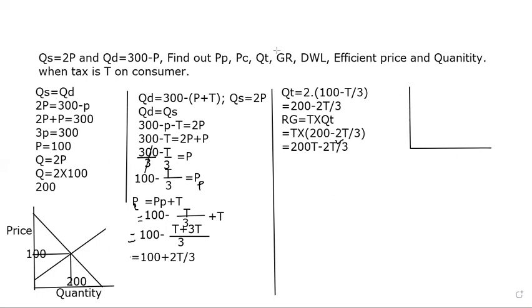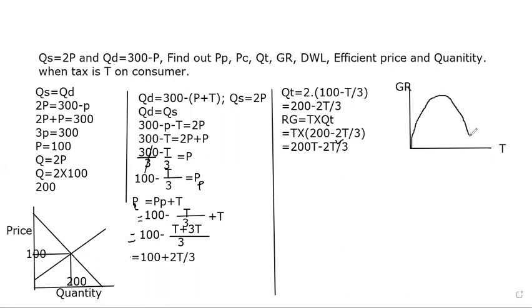The vertical line indicates government revenue, and this line indicates tax. When tax increases, government revenue does not keep increasing, but when tax increases gradually to a higher level, the government revenue gradually decreases.